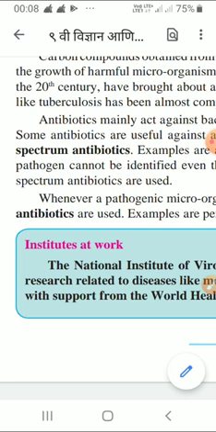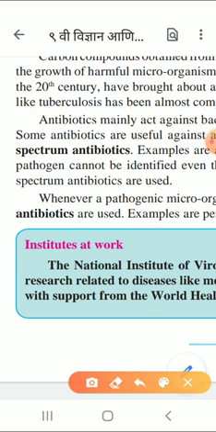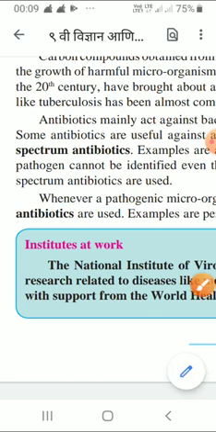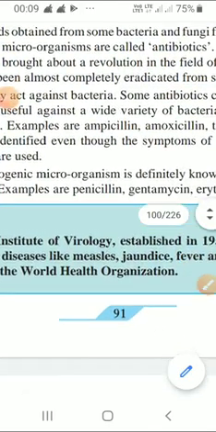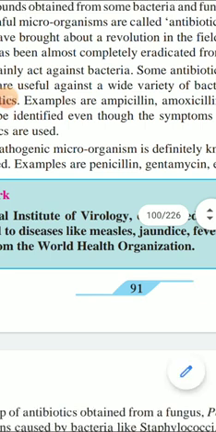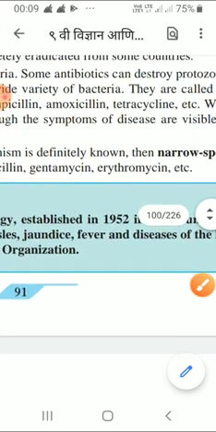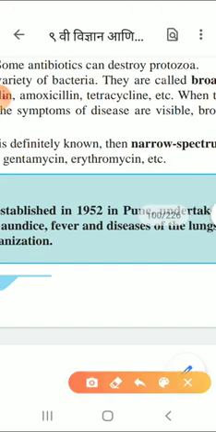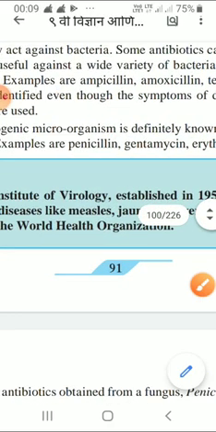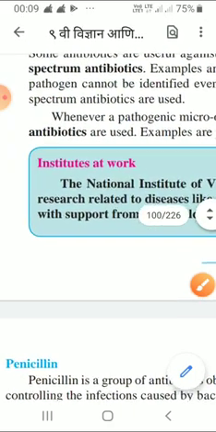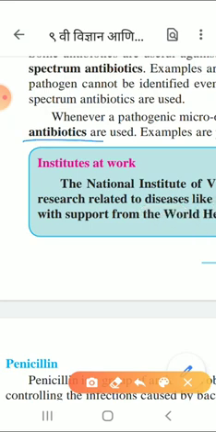So let us underline this for you, children. Whenever a pathogenic microorganism is definitely known, then narrow spectrum antibiotics are used.